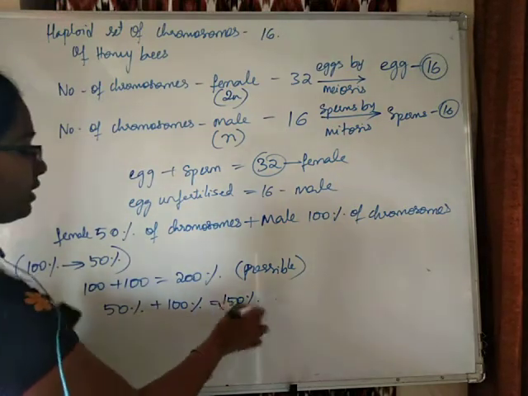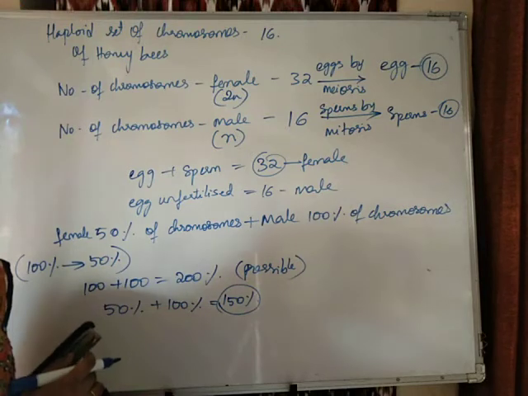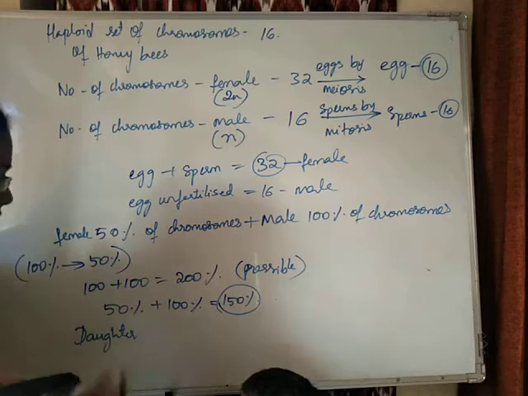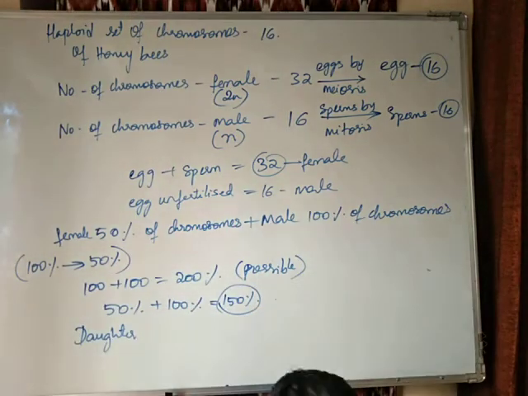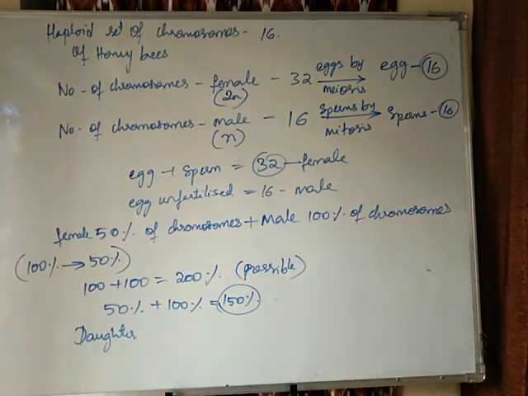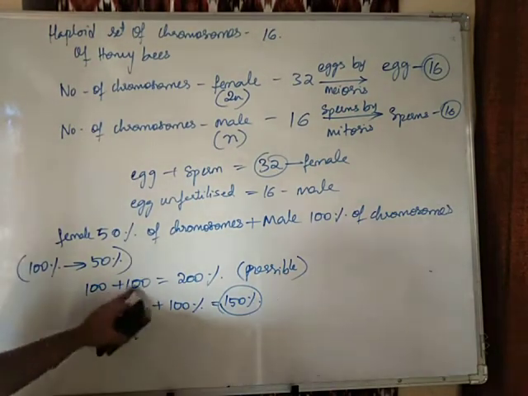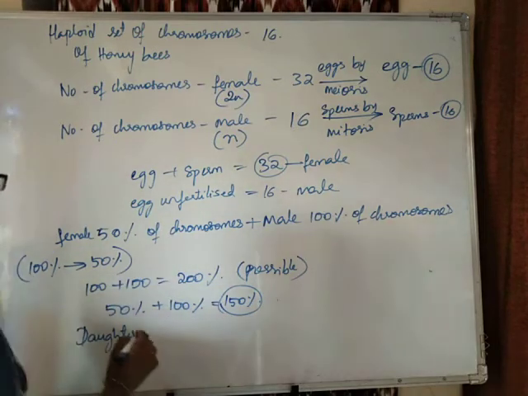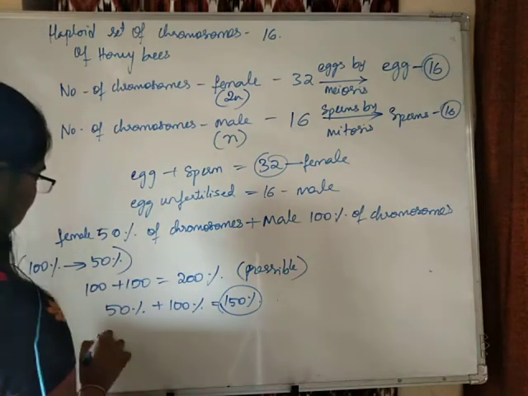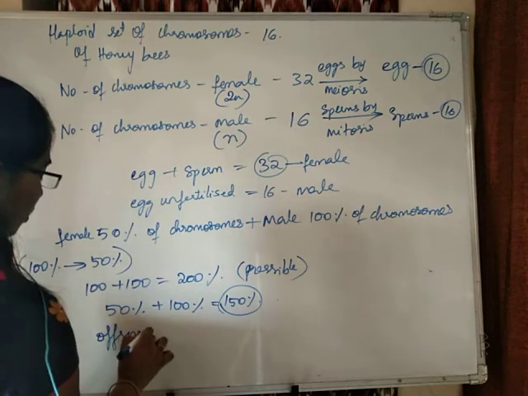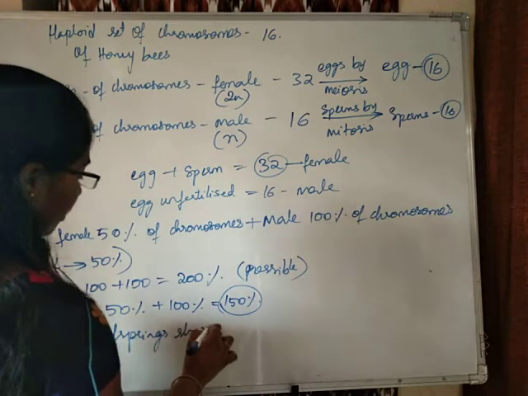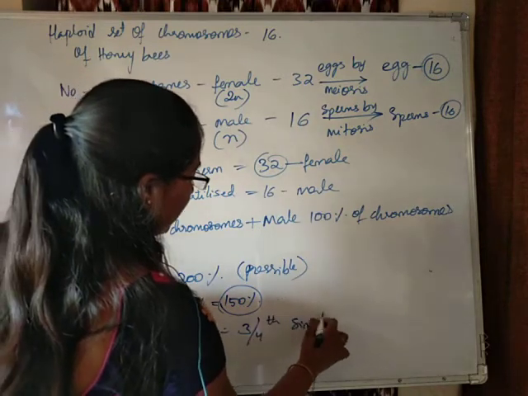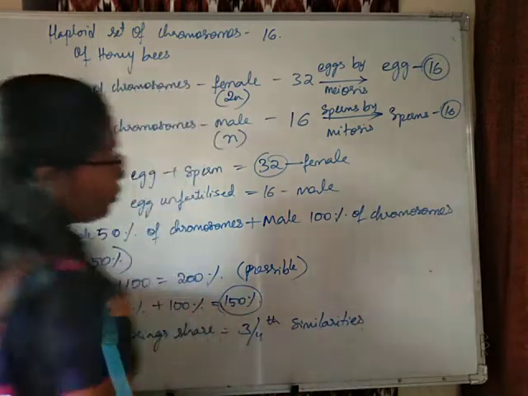So out of 200% possible, the daughter individuals are having 150%. The offspring share 3/4 similarities with each other.